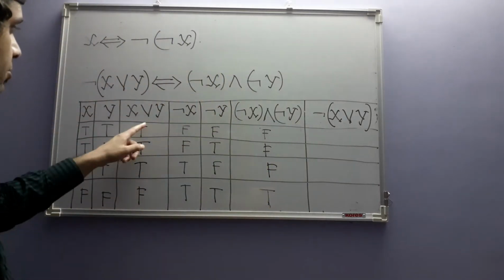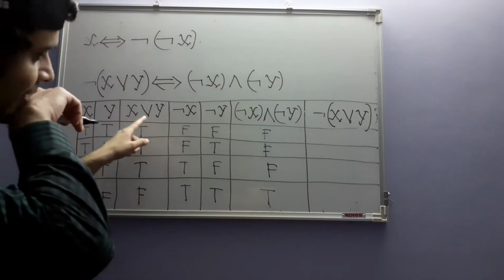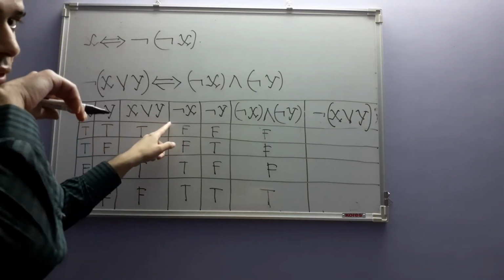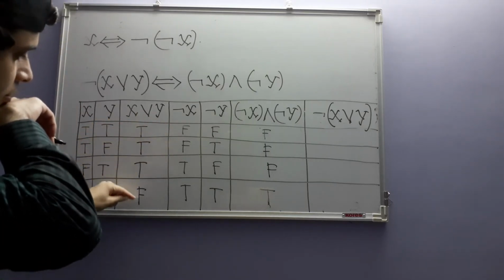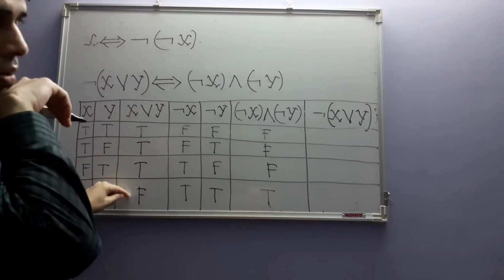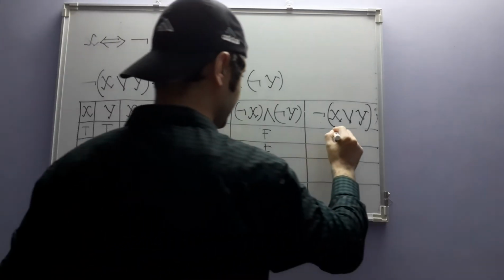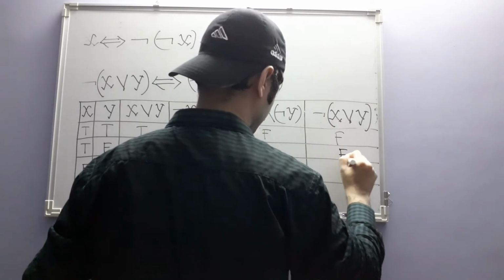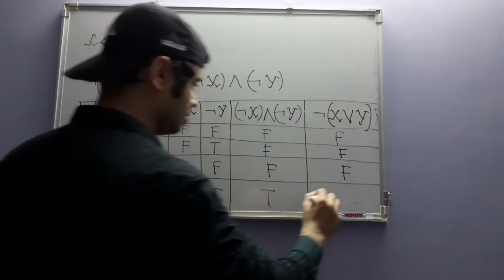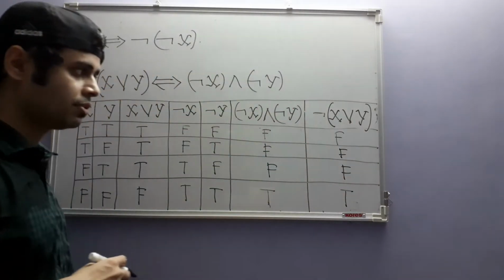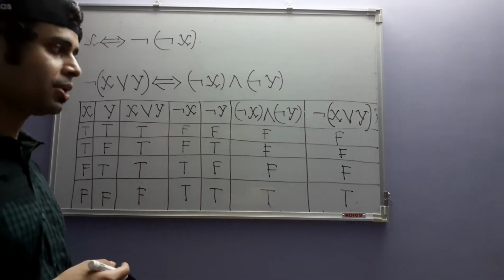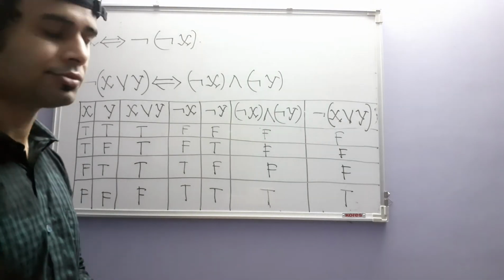Okay. Now we also need the negation of the disjunction of x and y. So we need to change the things in this column accordingly. So we have f, and in place of f we have t. We have replaced f by t and t by f.